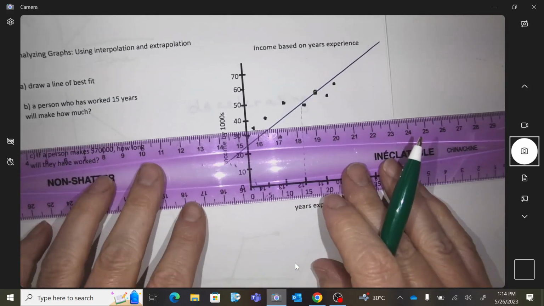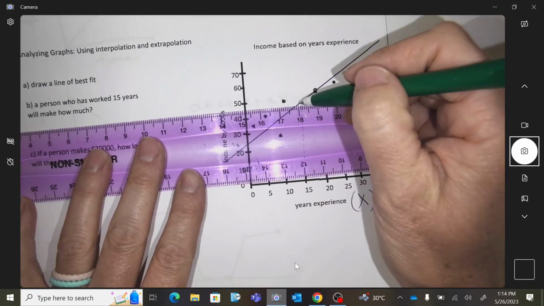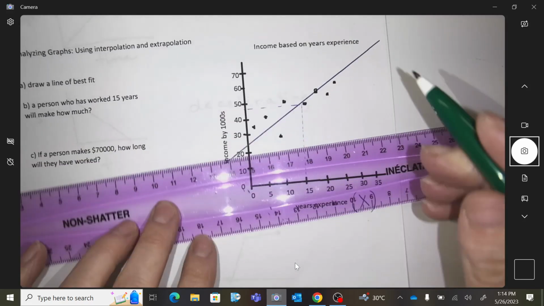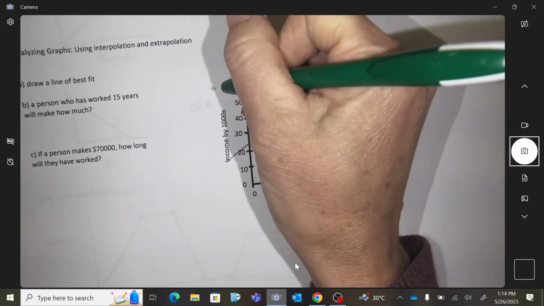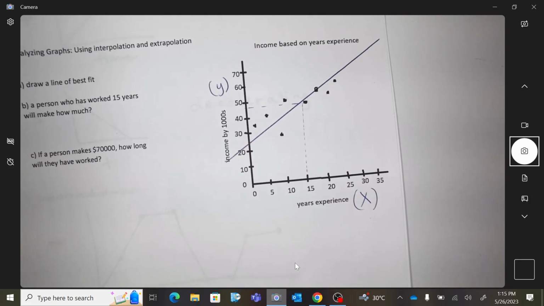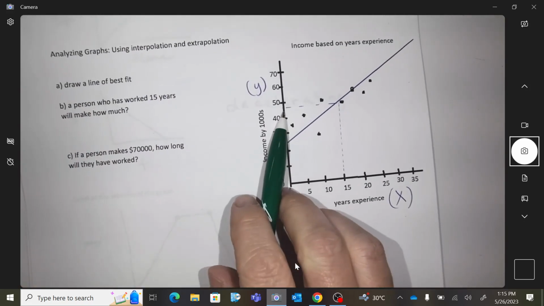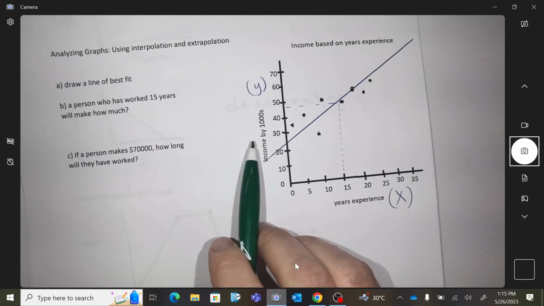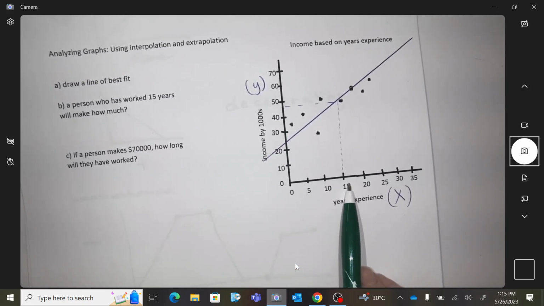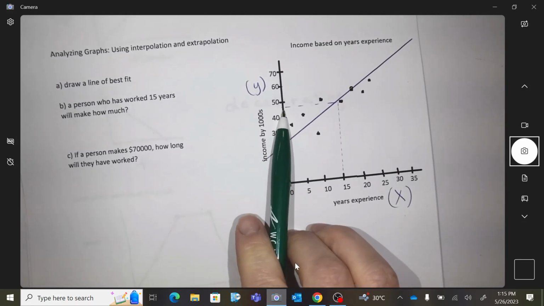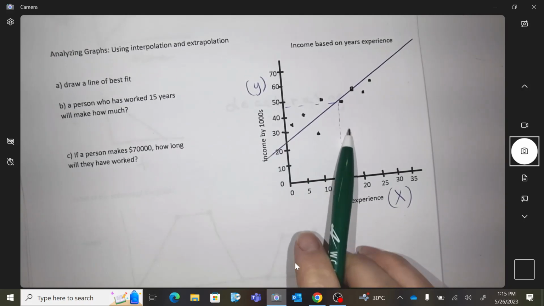And from there, if I go over, my y-axis is the income. And on this question, this is your income times $1,000. So I can say somebody who's worked 15 years is probably going to make $48,000.